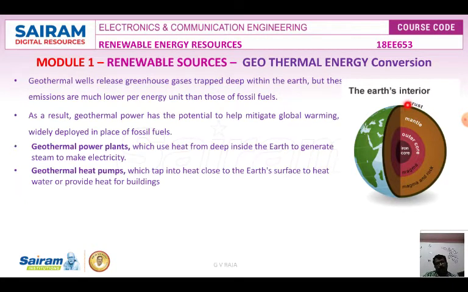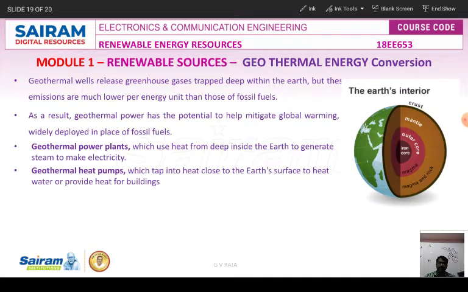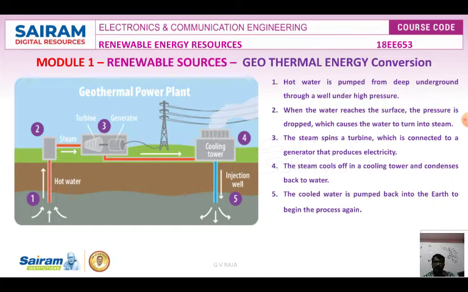Here two pipelines are used in order to get steam from the water, and the steam is given to the turbine to generate electricity. Once the steam is used, it is converted back into water with the help of a condenser and given to the well. That is called a geothermal power plant.